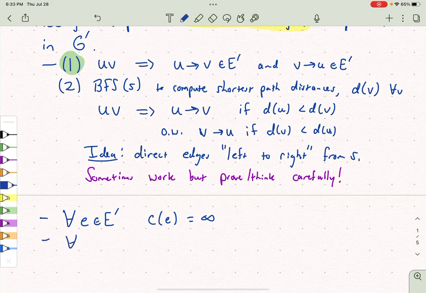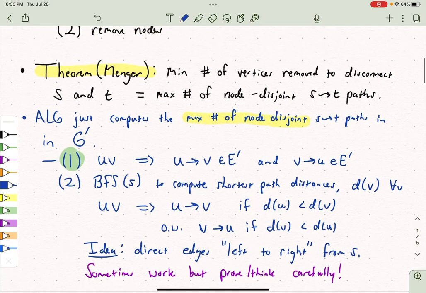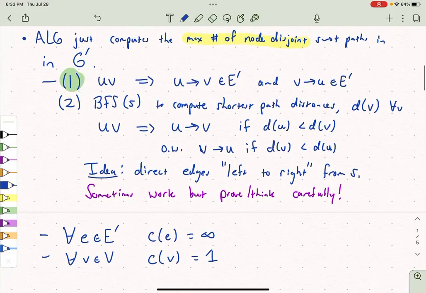And then for each node, we will have the capacity of the node is 1. And that's just because we're doing a reduction to node-disjoint paths. Okay?